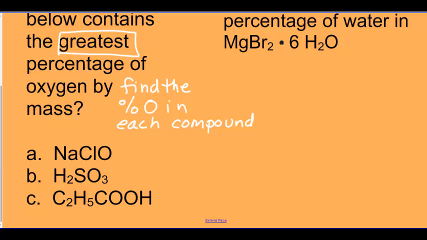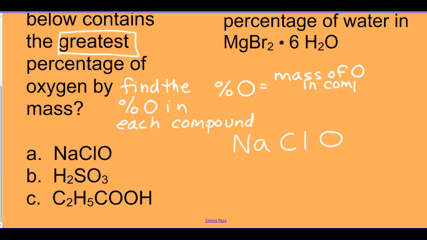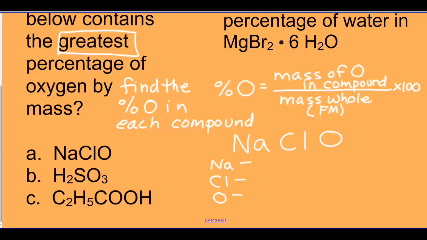I'm going to take each compound separately. We have NaClO. The percent oxygen will be equal to the mass of oxygen in the compound, that's your mass part, divided by the mass of the whole compound, which is your formula mass, times 100. We list our elements just like last night when we watched our video, and count.